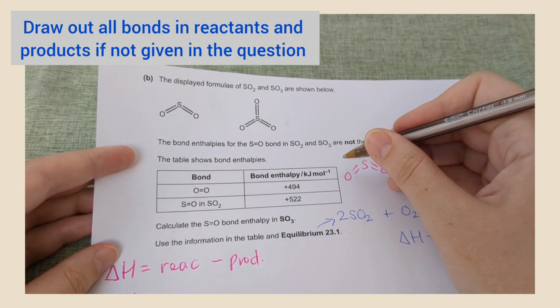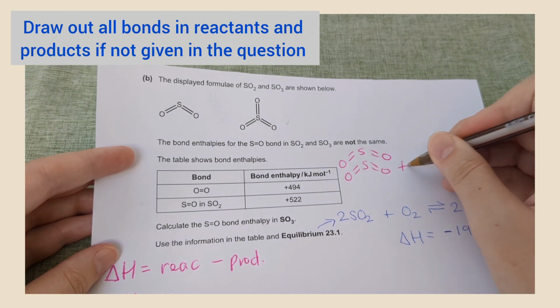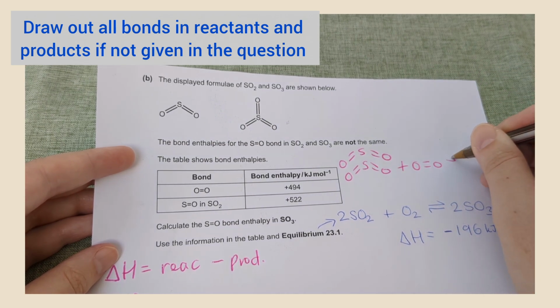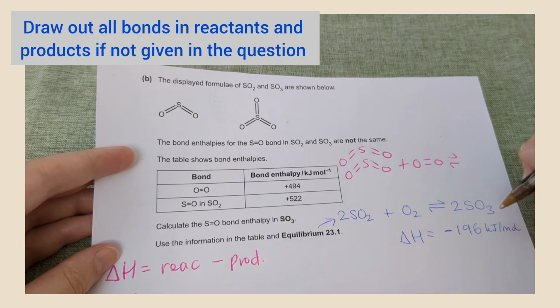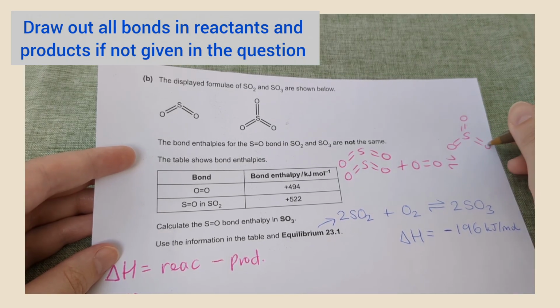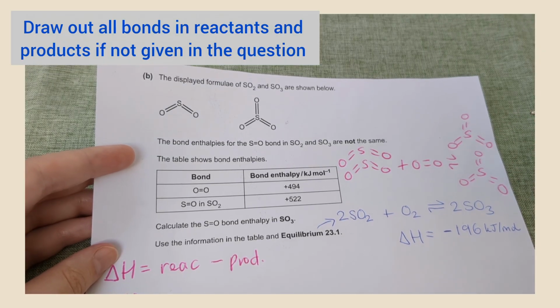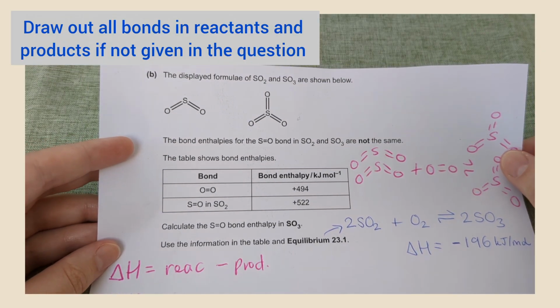So we've got 2 of this SO2, 1 lot of oxygen, and then 2 lots of this SO3. And now we can see all our bonds.